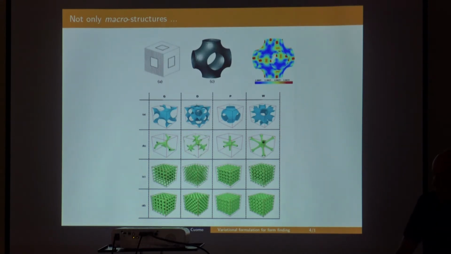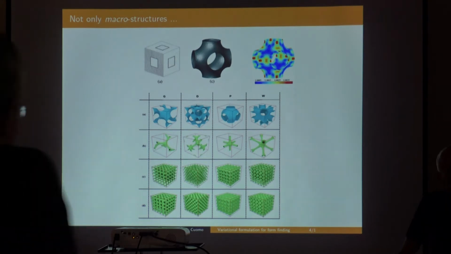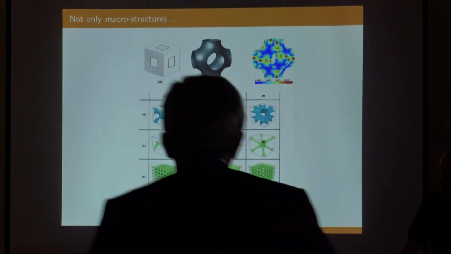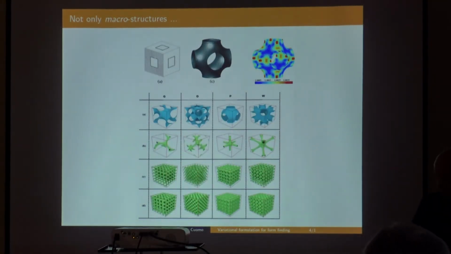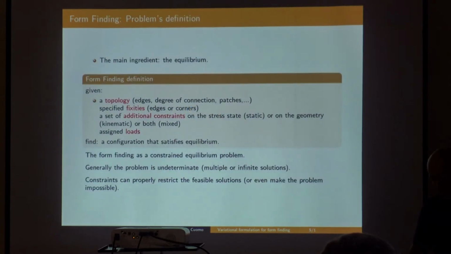And these solids, these metamaterials, have very, very interesting mechanical properties. And we'll see that minimal surfaces are surfaces of optimal shape in the sense that they have an isotropic stress state. So it's important for many reasons.